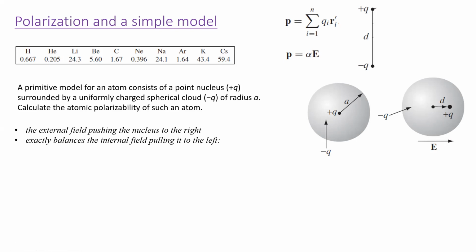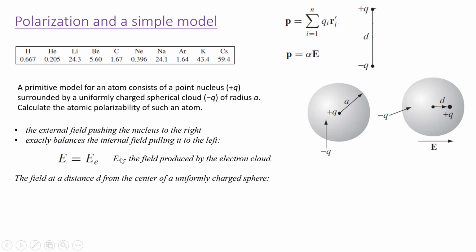So it's going to separate until we reach an equilibrium. And so E is equal to the electric field of the electron cloud.